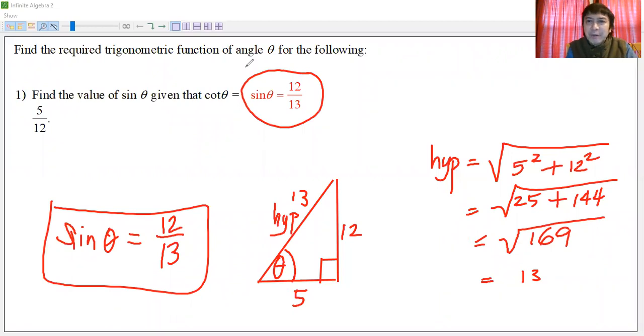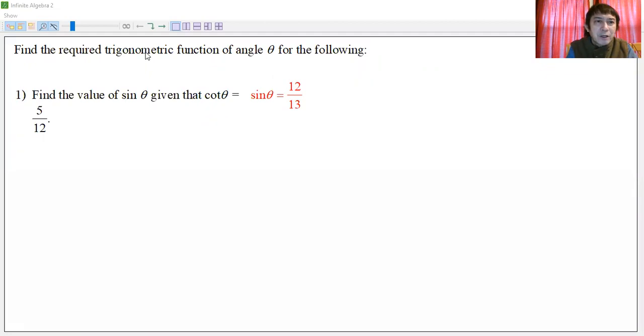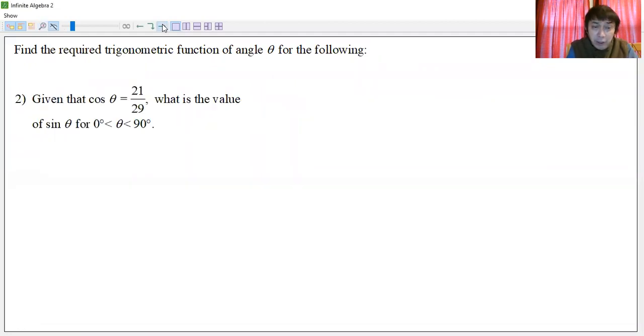Let's clear the screen and proceed to the second question. Here's the second. Given that cosine theta is 21/29, what is the value of sine of theta, for theta between 0 and 90? Again, we can just make a right triangle here.